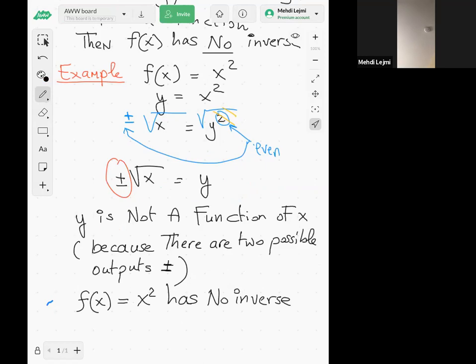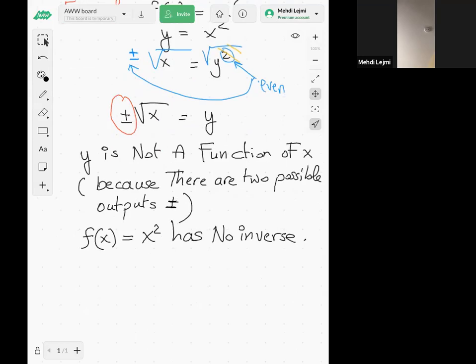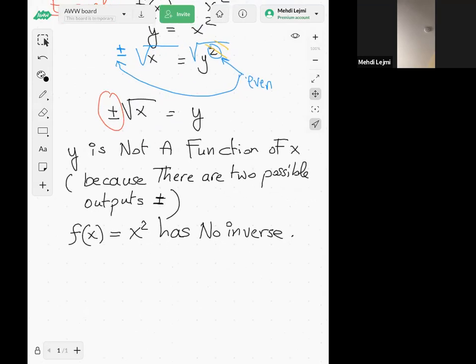All right. Anyway, so that's how we find the inverse using equations. Now, when we have graphs, the question is, how do we determine whether function f has an inverse using graphs?